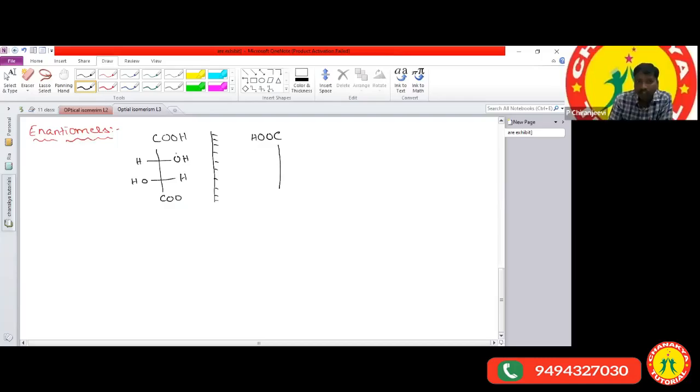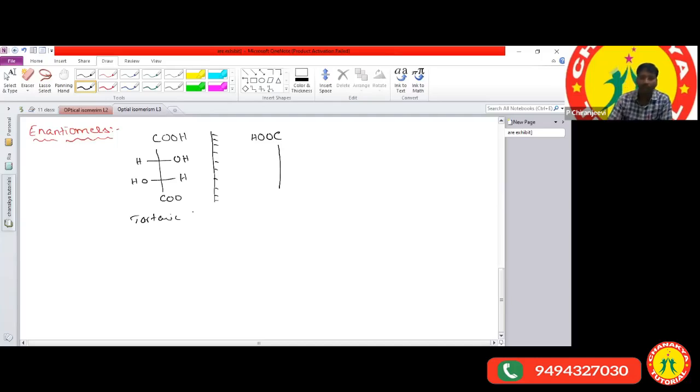Okay, so first I'm taking tartaric acid. This is the tartaric acid, and this is the mirror image of the tartaric acid.